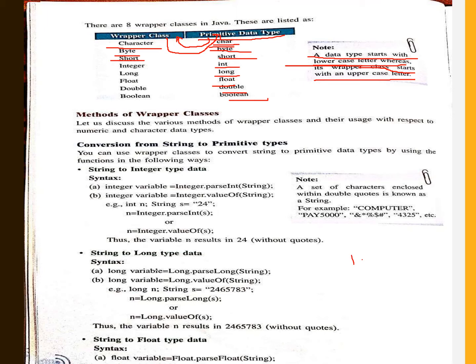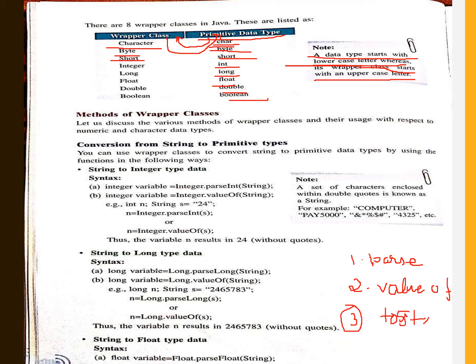One is parse, second is valueOf, and third one is toString.